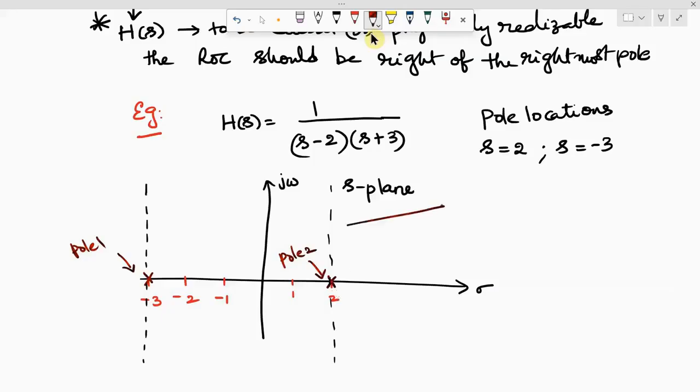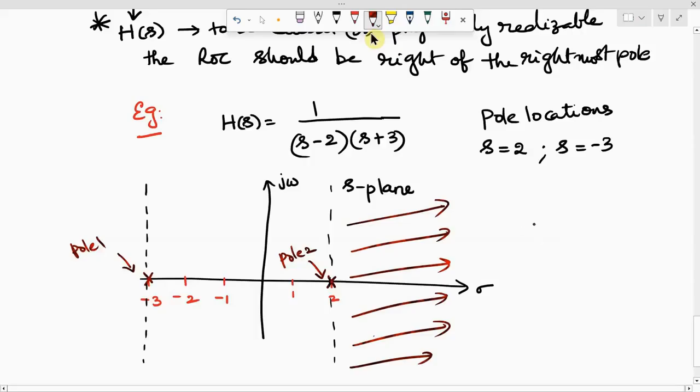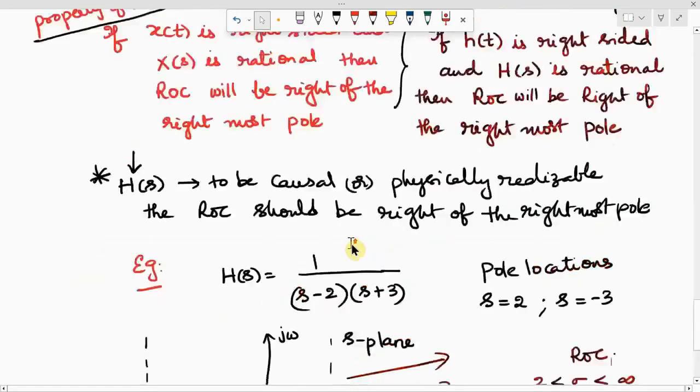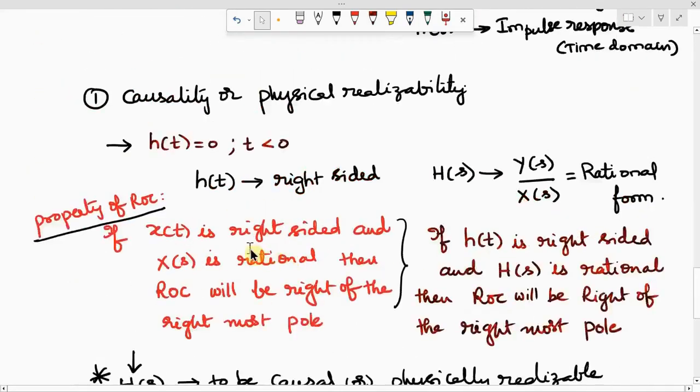That's why the ROC should be right of the rightmost pole, from 2 to infinity. The ROC will be defined. Is this clear? The first property?